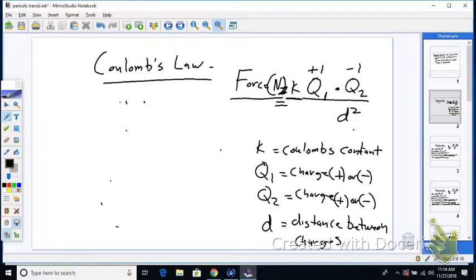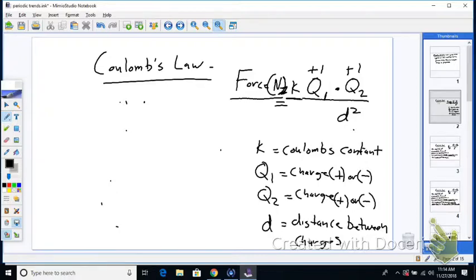But if this was a +1 here and a +1, what do we know about those two particles? They repel. There'll be a force pushing them away from one another. So this force could be attracting or it could be repelling depending upon the charges you're comparing. Does that make sense?